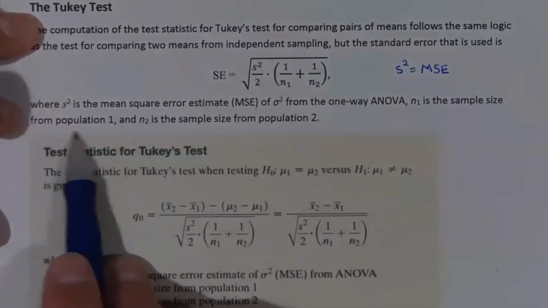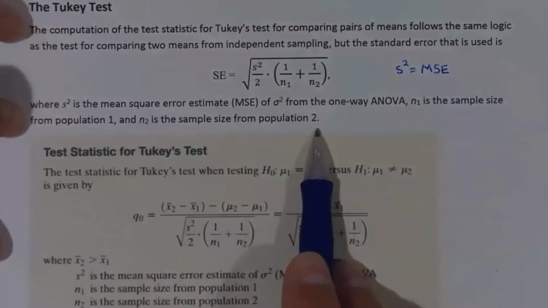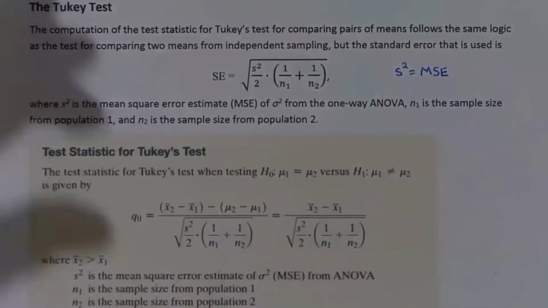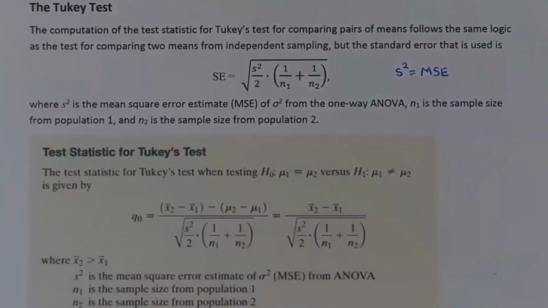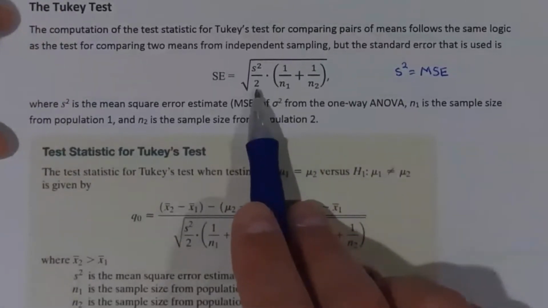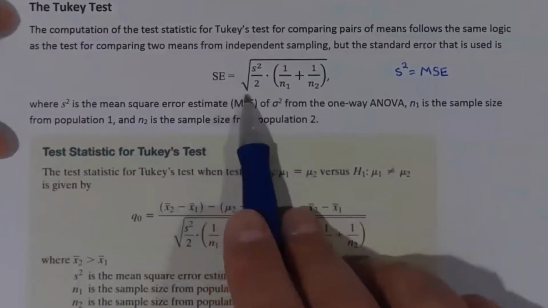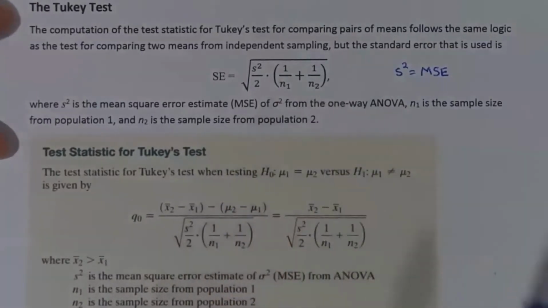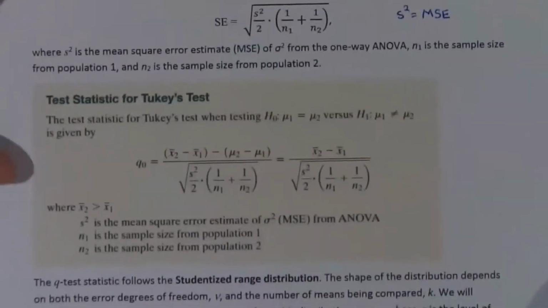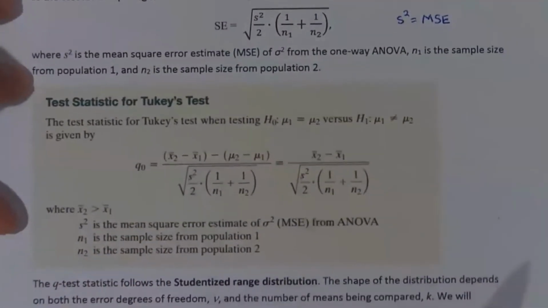N1 is the sample size from population 1, and N2 is the sample size from population 2. What we're really going to be doing is comparing pairs of means at a time, and we're going to be using this for the standard error in the calculation. So the test statistic for Tukey's test.